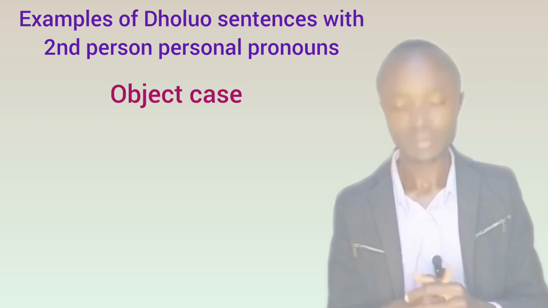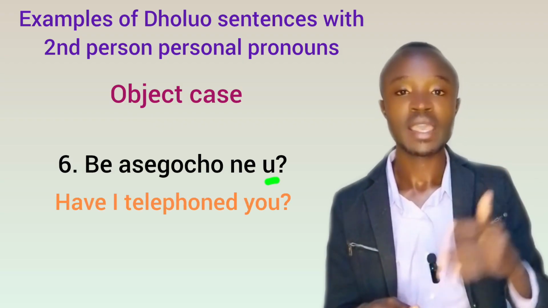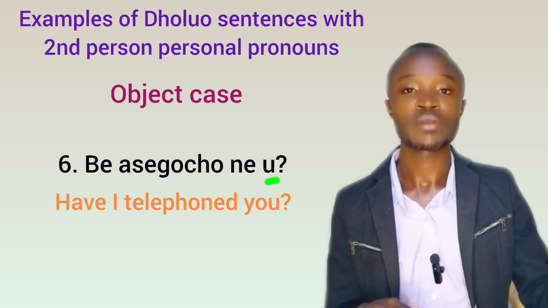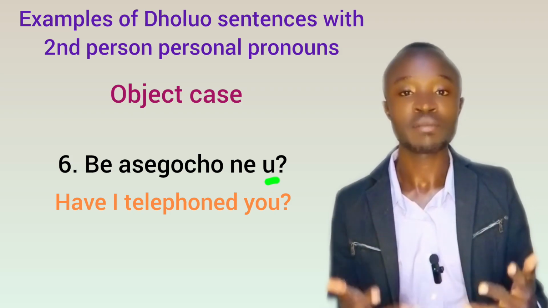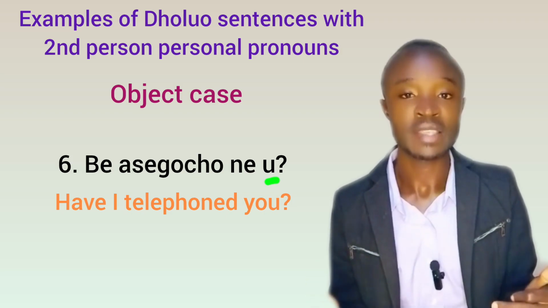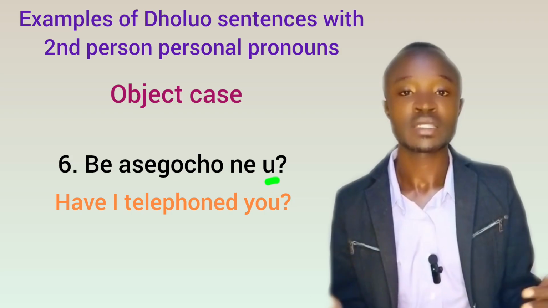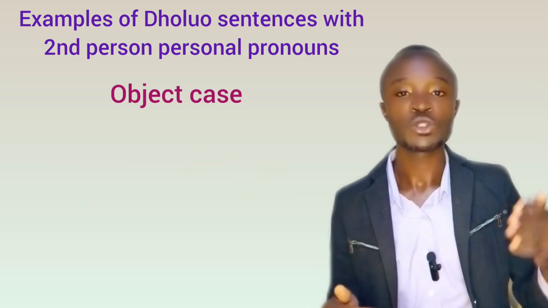Another example, be ase gocho neu. Be ase gocho neu. Here again, we have the word be, which I told you can be easily omitted. And then we have after that, ase gocho neu, which can always be shortened to ase gochonu.